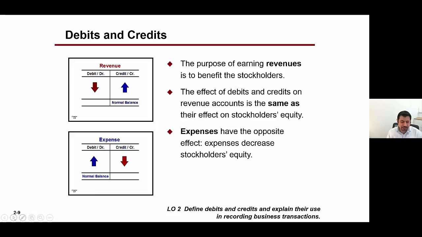So, why is that? Let's remember the expanded accounting equation, and then we will understand it better. We had assets equal to liabilities plus stockholders' equity. This is the left side, this is the right side, this is debits, credits.